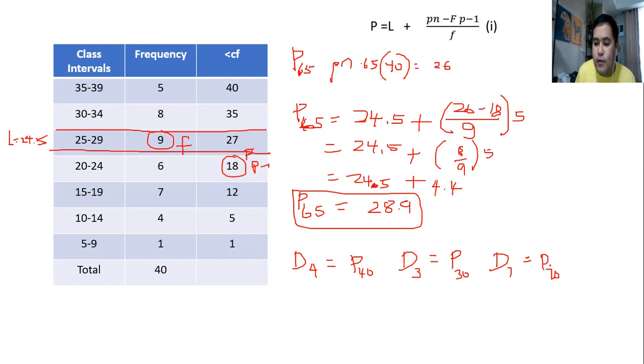So compute for P70. So again, say for example, you are given quartile or decile, reduce it to percentile, then solve it like you are solving the median. And this is the formula for the measure of location.